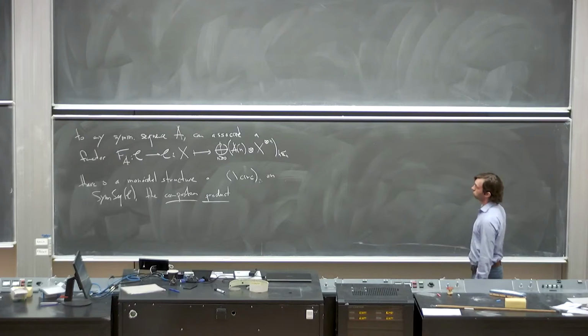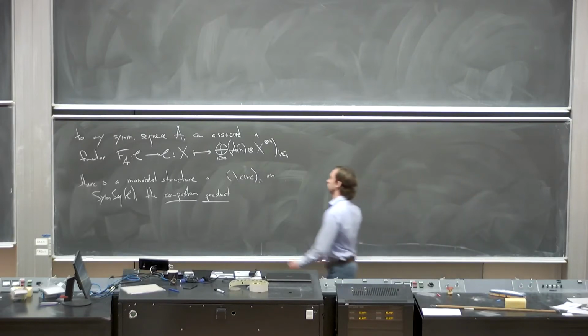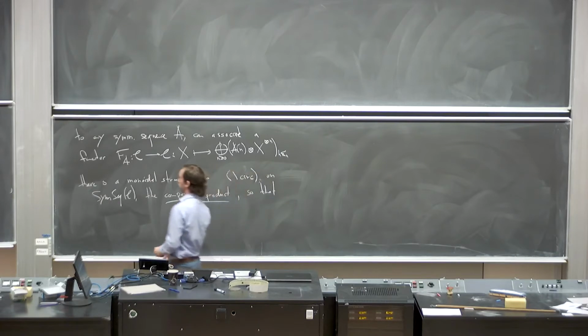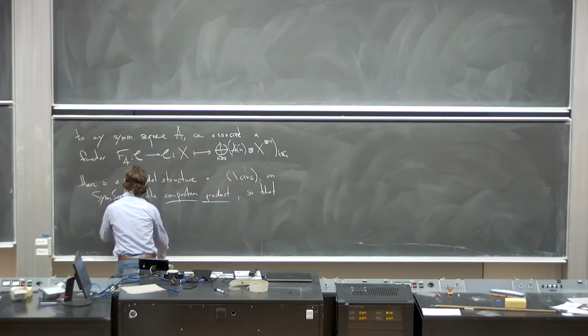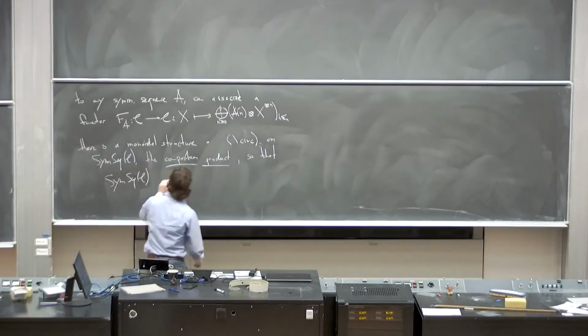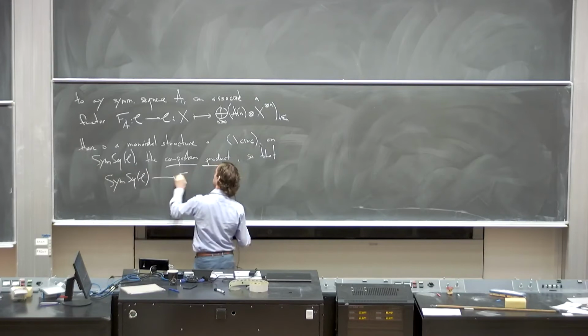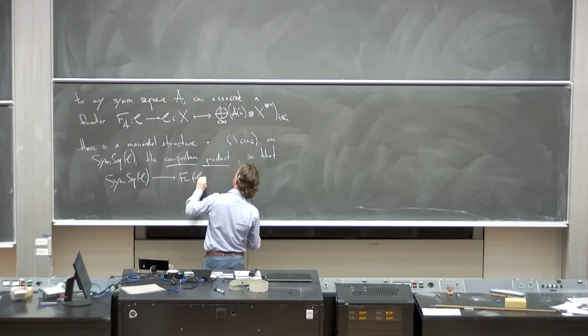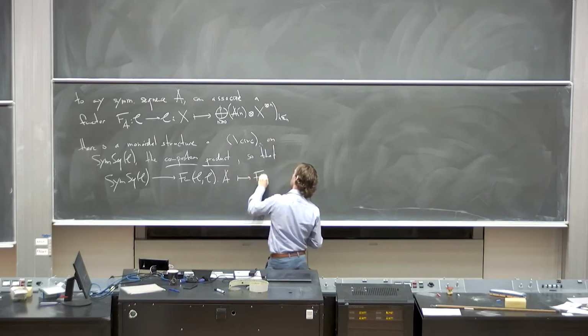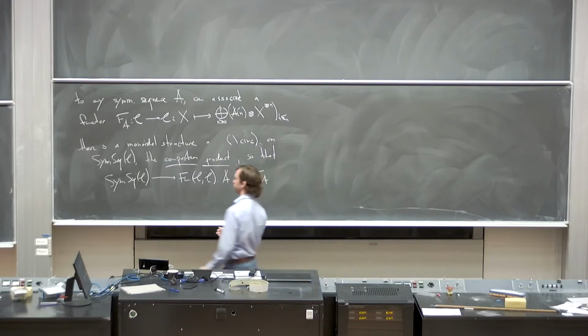Right, so there's a monoidal structure here such that this assignment, this action that I wrote down, is actually monoidal. So this functor that goes from symmetric sequences to endofunctors of C that sends A to F_A is monoidal.